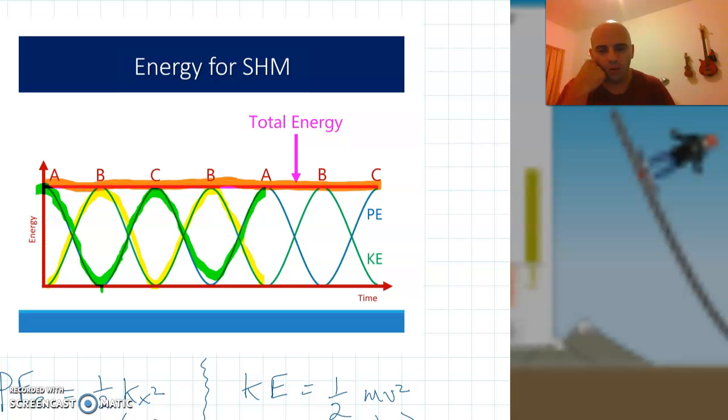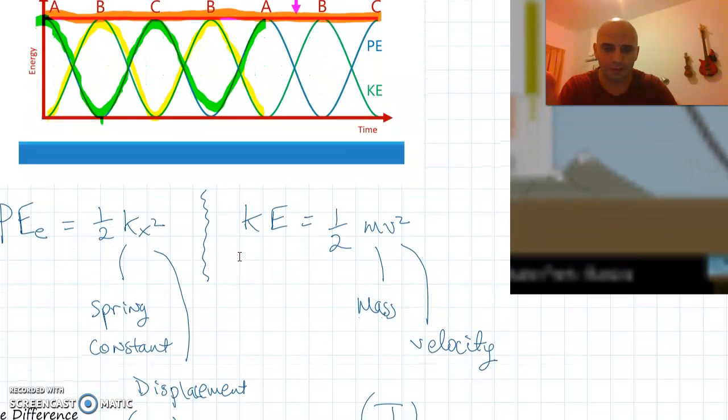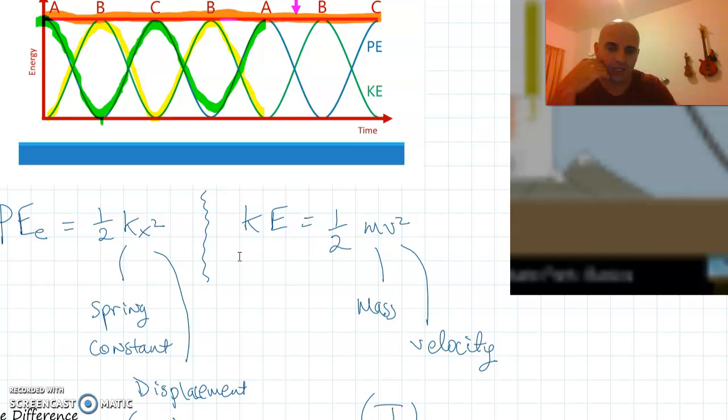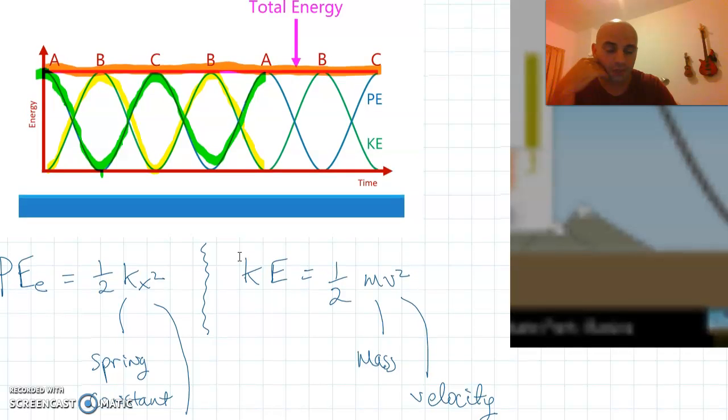If you know the potential elastic energy, or you can calculate it from the displacement and the spring constant at the maximum position, then you've got the total energy for the spring system. Because the maximum value of the potential energy will be the total energy for the entire thing.